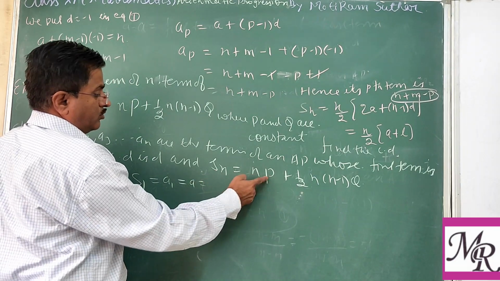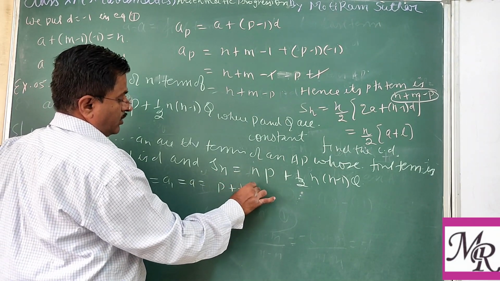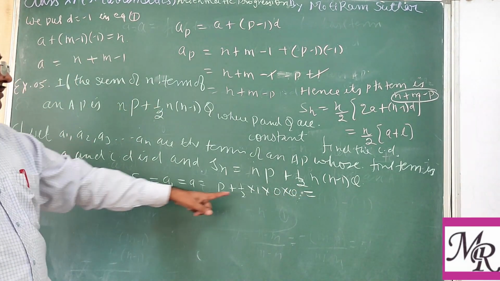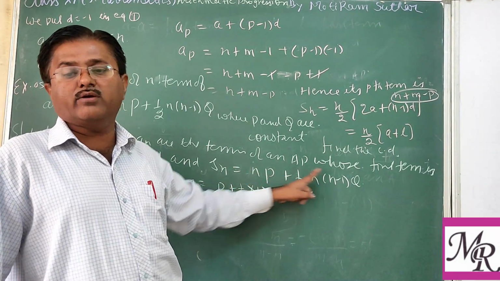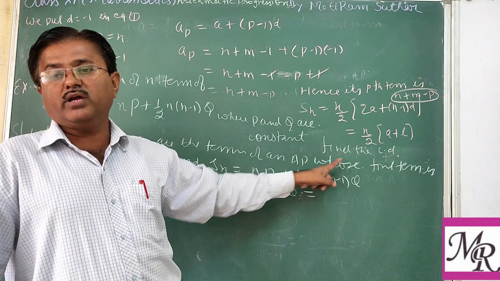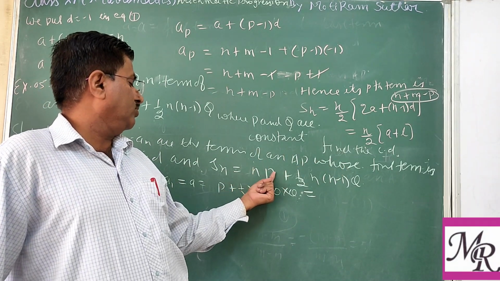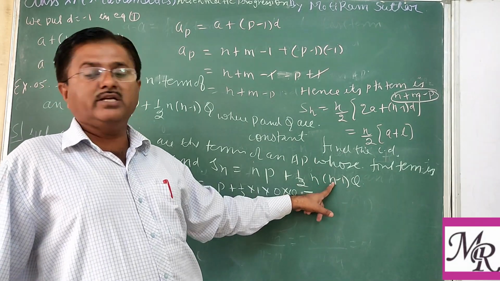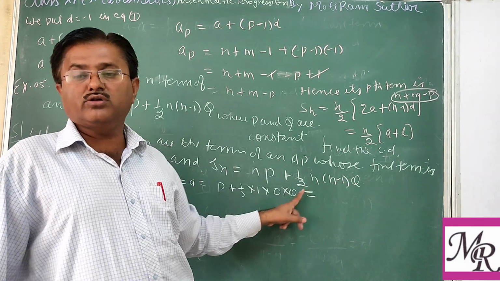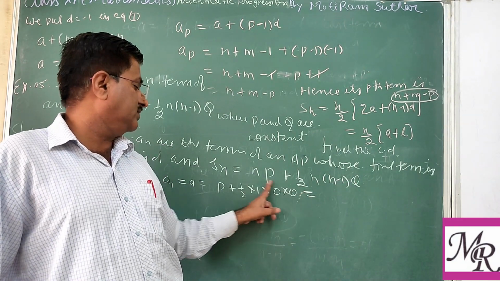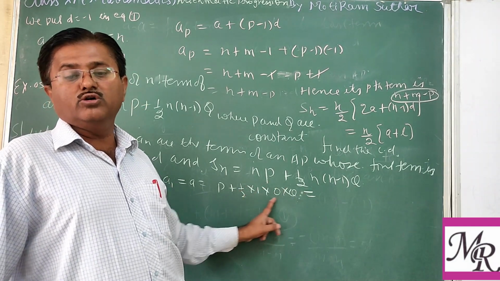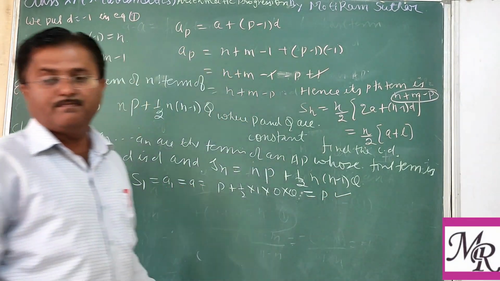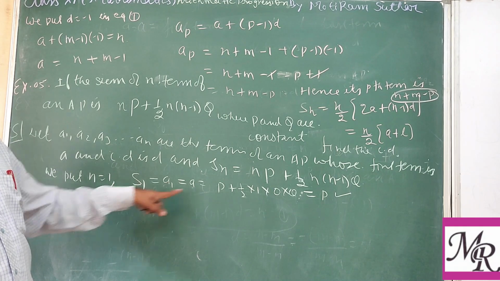So 1 into P, that is P, plus 1 by 2 into 1 into (1 minus 1), that is 0, into Q. 0 multiplied by any constant is 0, so the second term reduces to 0. That's P plus 0, that is P. It means we are getting the first term A1, or S1, as P.